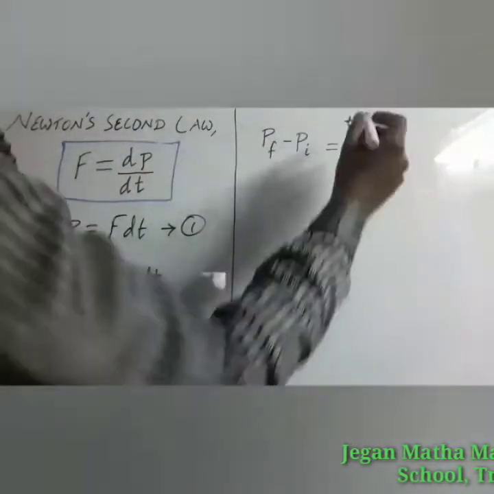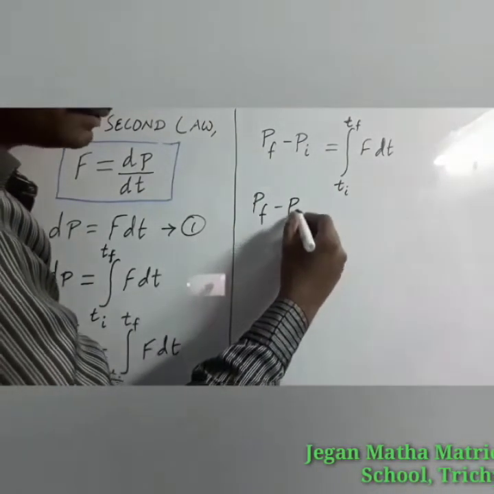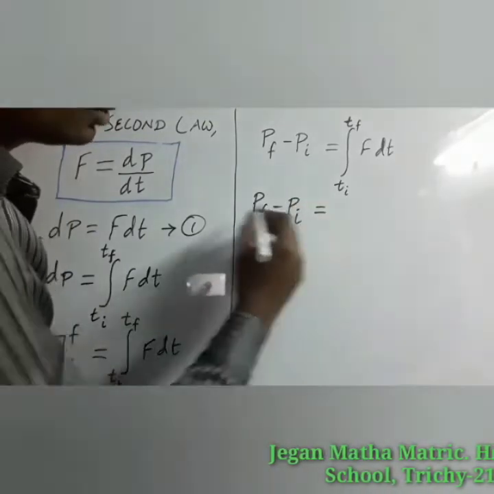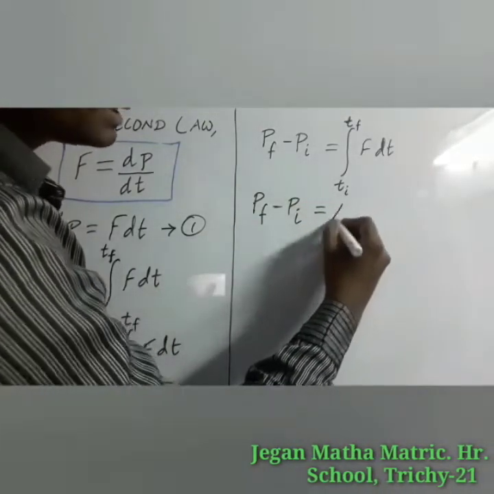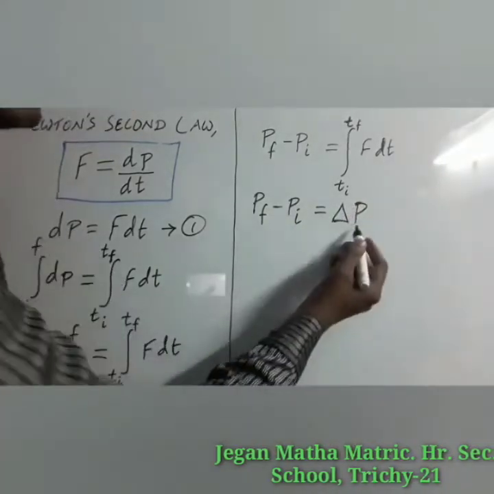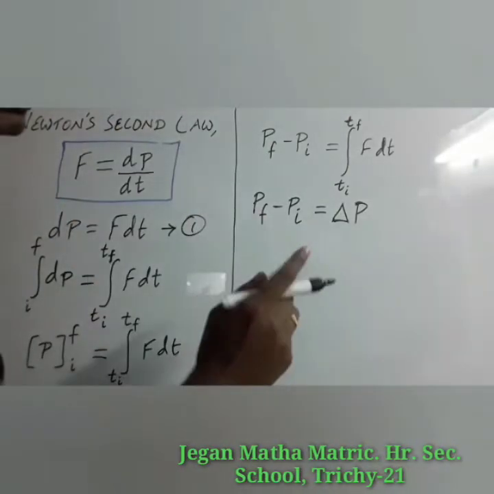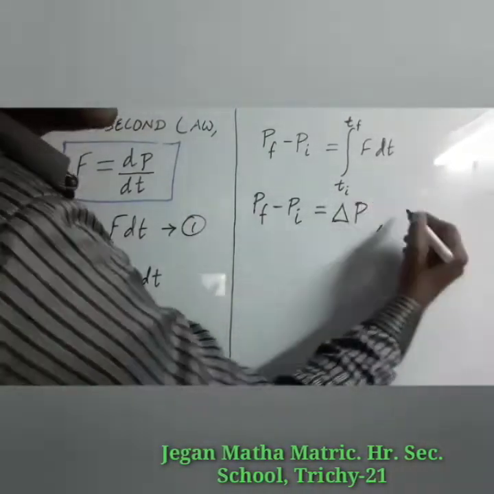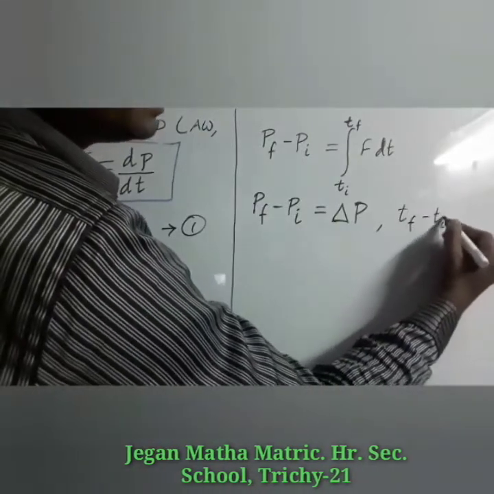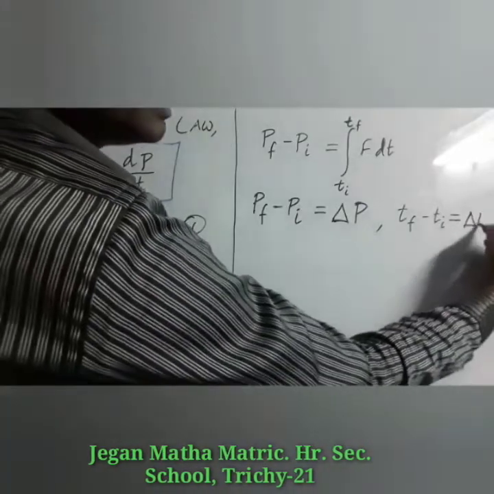So in this expression, pf minus pi is finding the difference between the two momenta. How can we represent that? Del p. This del p is known as the change in momentum of the object during the time interval. How can we find the time interval? Like this, tf minus ti. Here also we find the difference in timing, so del t.